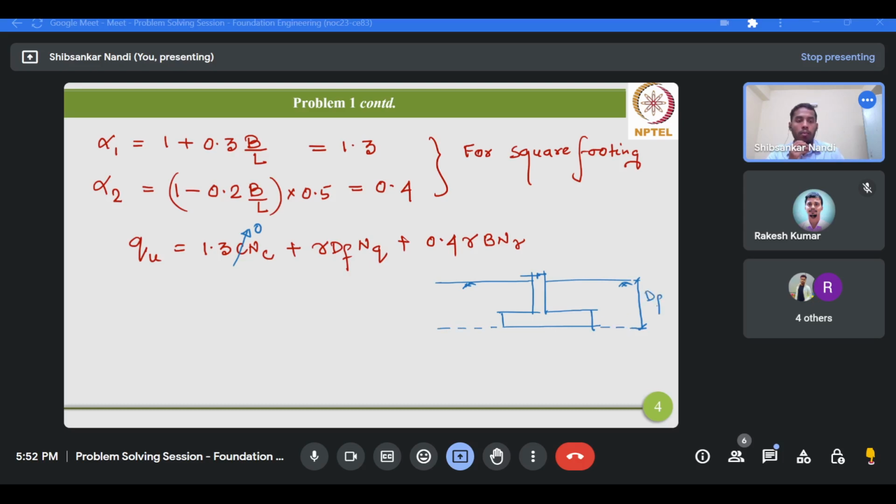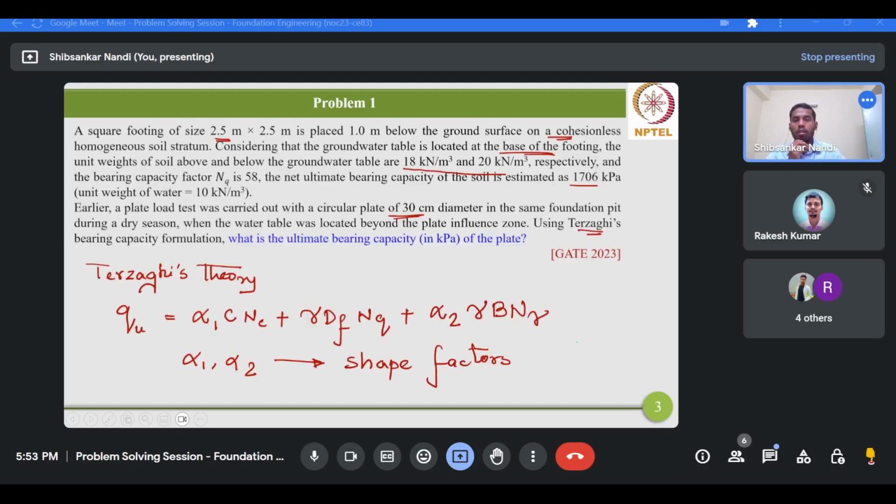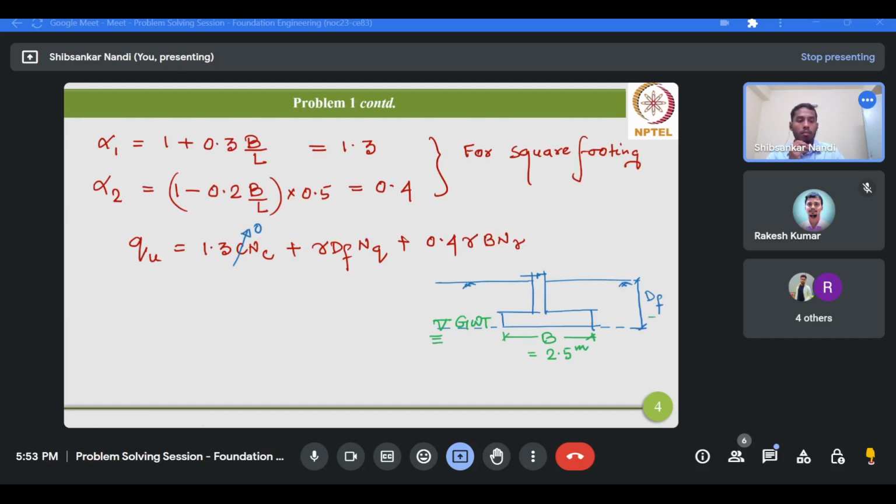This is Df, and again the groundwater table is located at the base of the footing. Now this is B, which is 2.5 meter, and the depth of foundation is 1 meter.